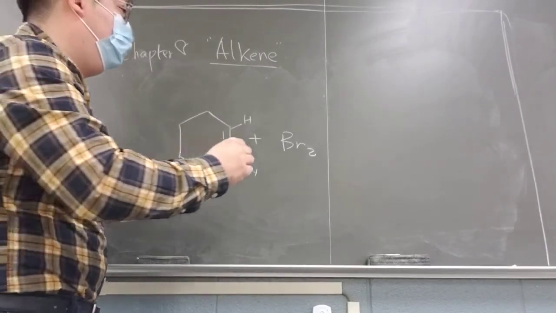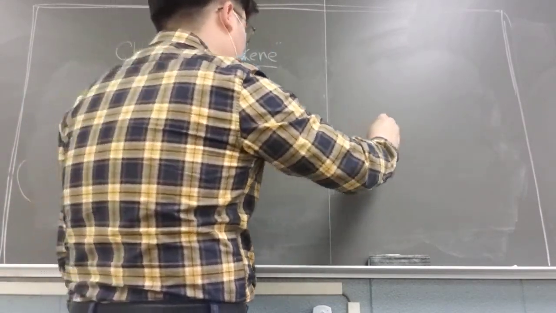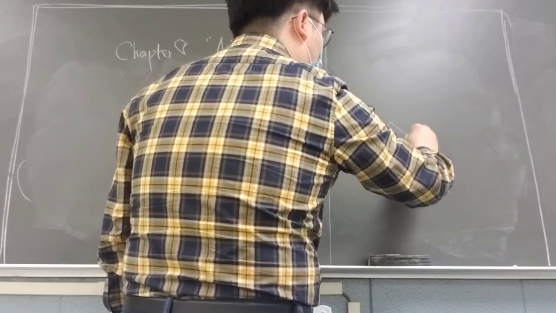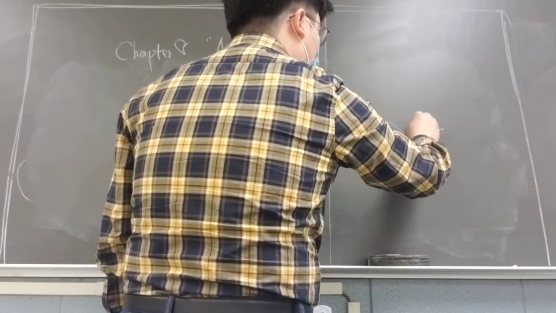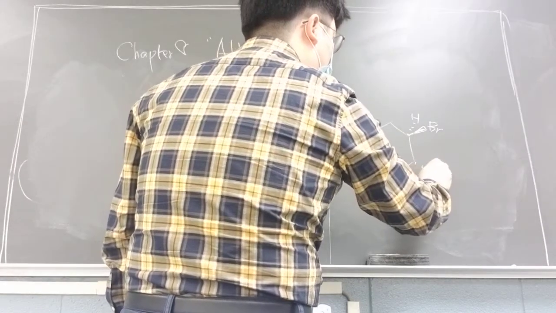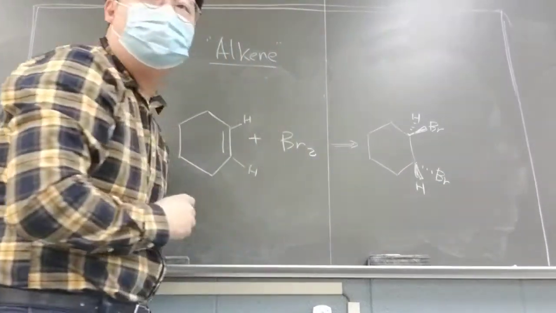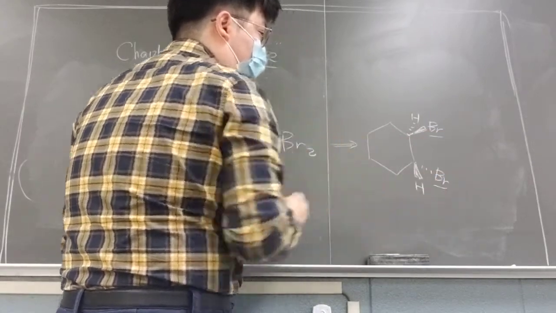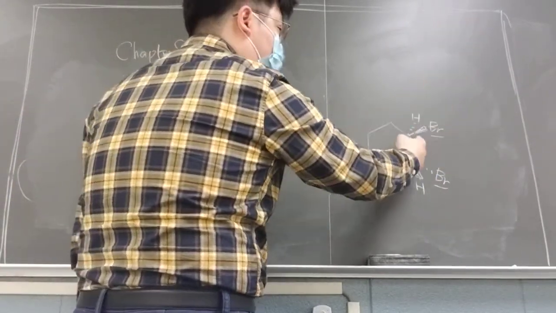Okay, so compare this one to yours. Okay, so if you do this one, this will become, okay, because it has to be on the opposite side. So this one is going up, coming front to you.